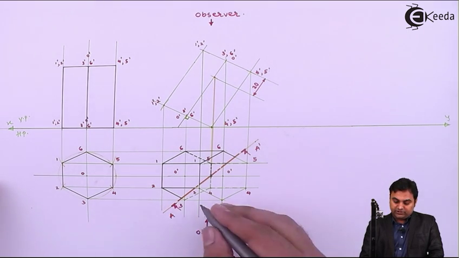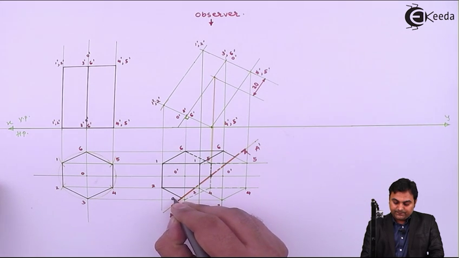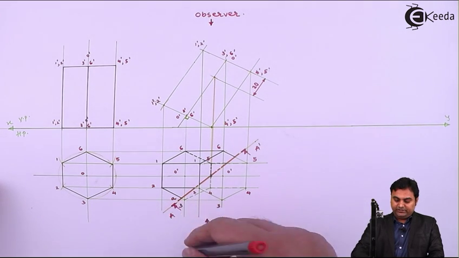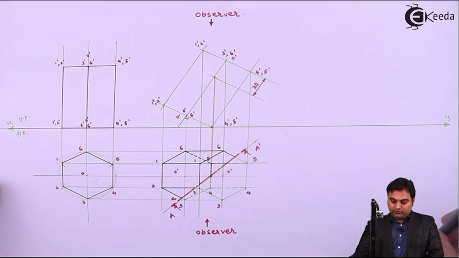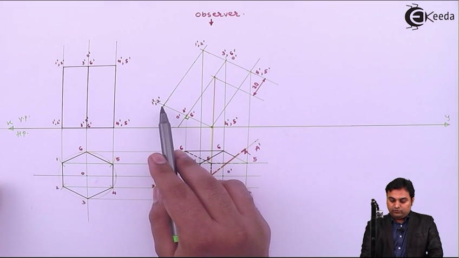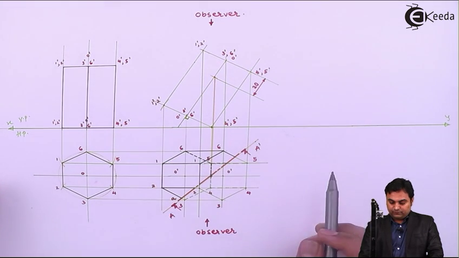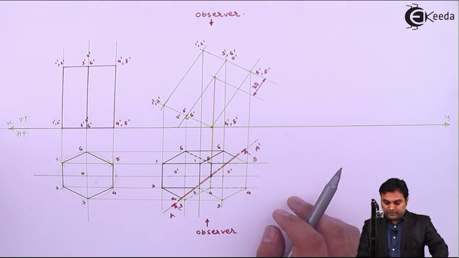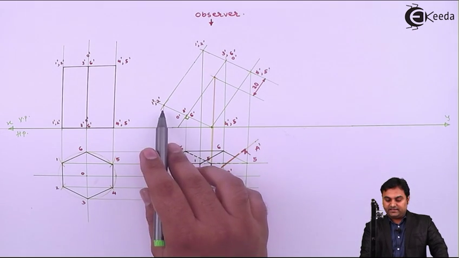So I'll give the notation to the point here as A, then projecting this point A upwards, and it will lie on edge 2, 3. So here we have 2 dash, 3 dash, and it is cutting the base hexagon.